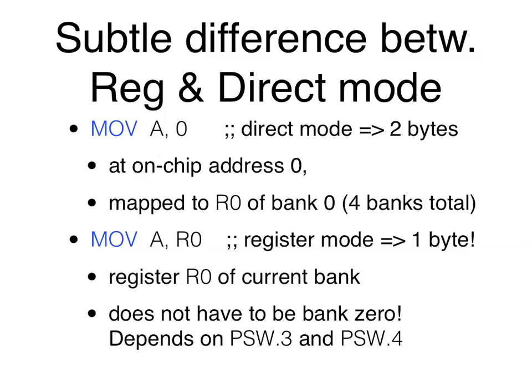So they will have exactly the same effect if your bank selected is bank 0. But they can actually do different things if your bank is selected differently, and the memory size is different, or the code size is different.